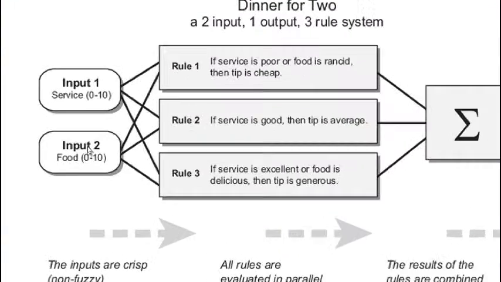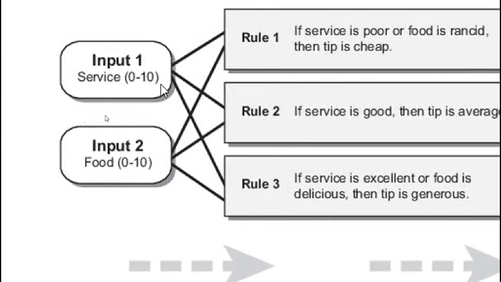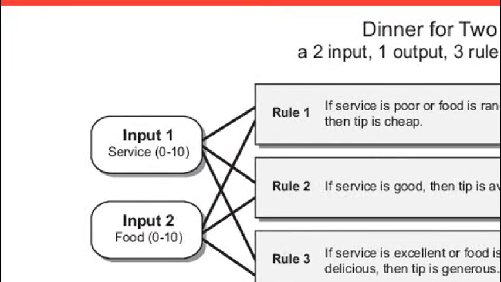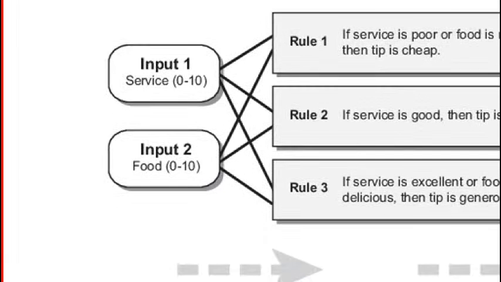In the service and food example which I showed you, first of all we will have some values for the service between 0 to 10. We have to assign that. In the case of temperature, let's say the minimum value is 2 and the maximum value is 50, so it will become 2 to 50. In the case of service, let's say it is between 0 to 10 and the food input value is 0 to 10.